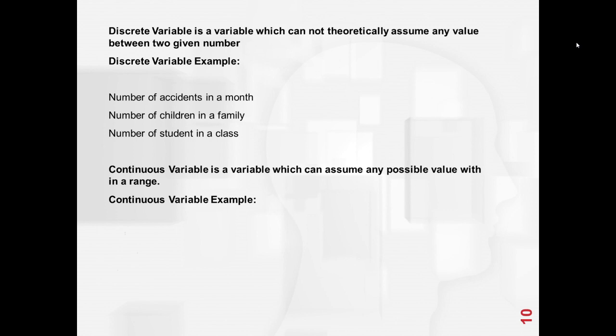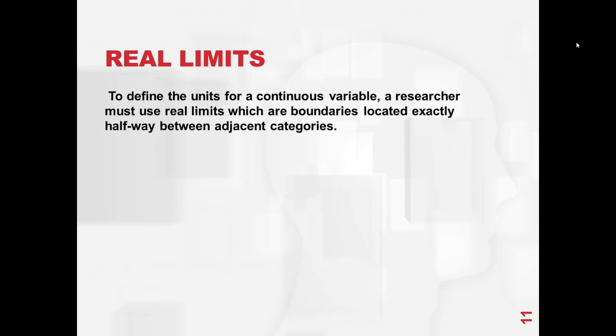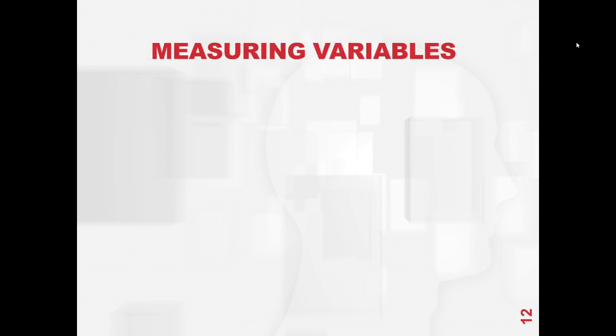For example, weight, temperature, and age. What are real limits? To define the units for a continuous variable, a researcher must use real limits, which are boundaries located exactly halfway between adjacent categories.